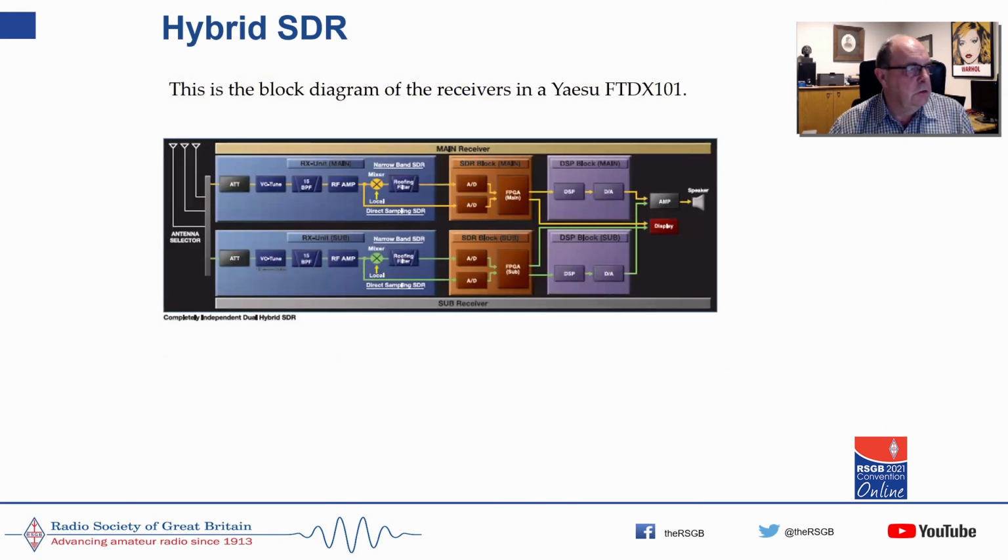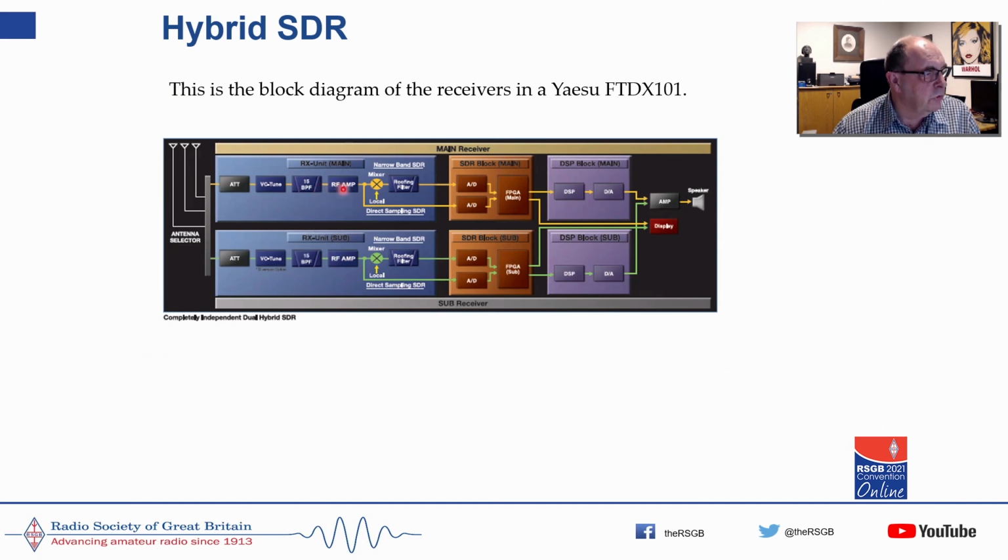Just for interest's sake, this is the block diagram of the two receivers in the Yaesu FTDX101. You've got a superheterodyne receiver here. This is the sub receiver down here. They're both exactly the same.